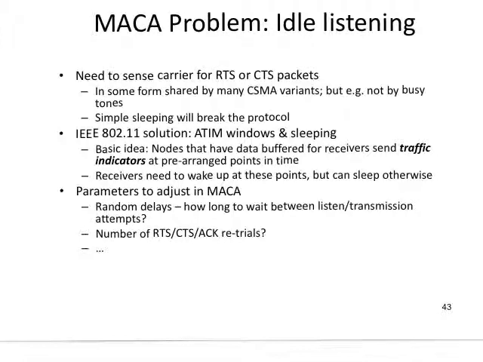In other words, just by fine-tuning these parameters, we can introduce some energy saving, but at the cost of latency or delay. Okay, so just by controlling these parameters, we can have some compromise.